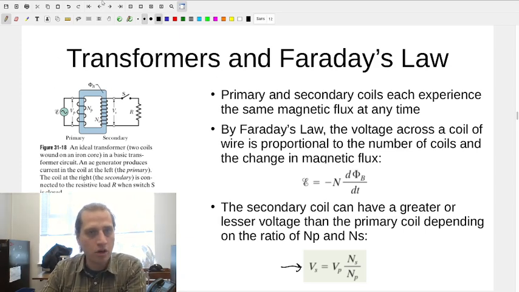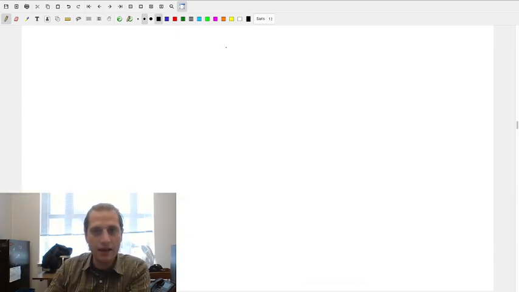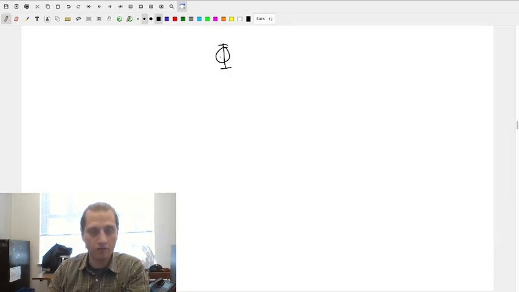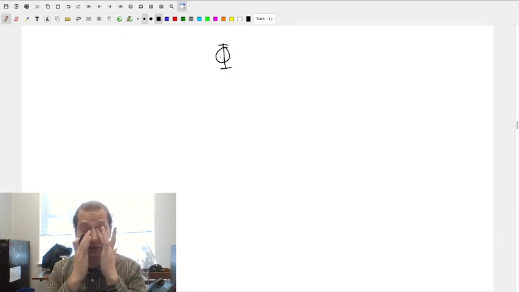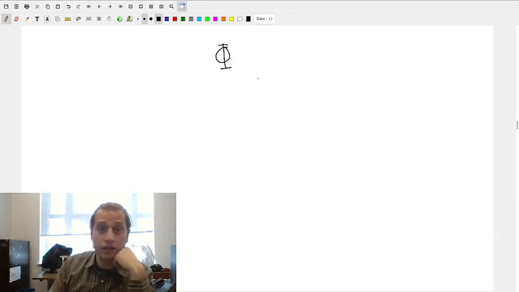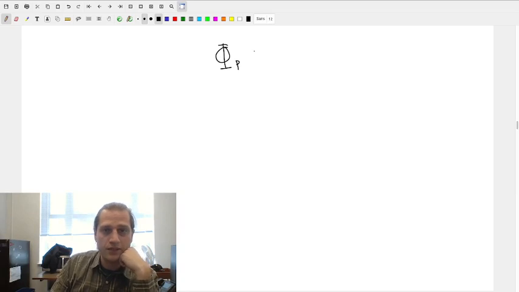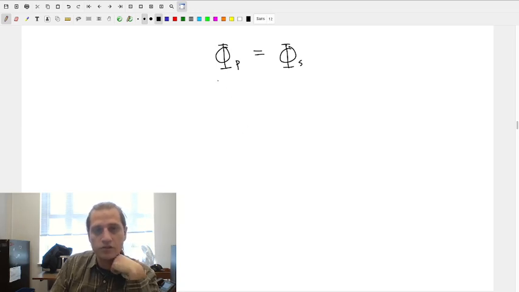Okay, so what I'm claiming is that at any point in time, the transformer is small enough that you can approximate the flux through the primary as equaling the flux through the secondary. And if that's true, then the time derivative of each side should also be equal.